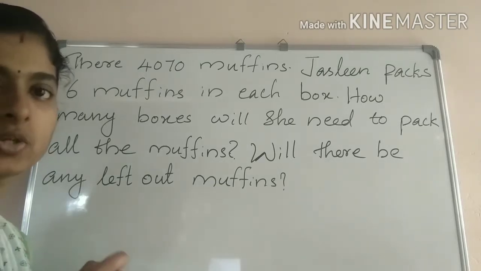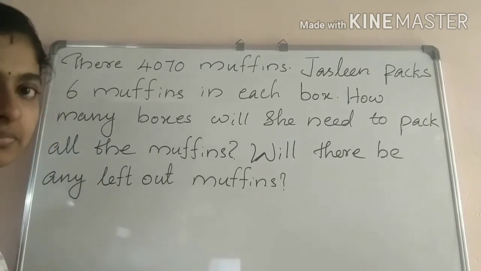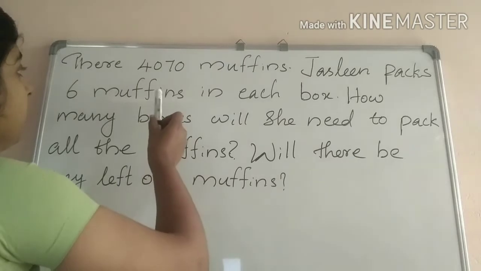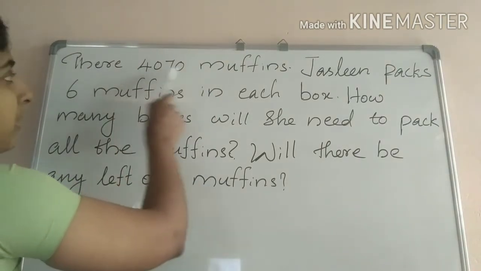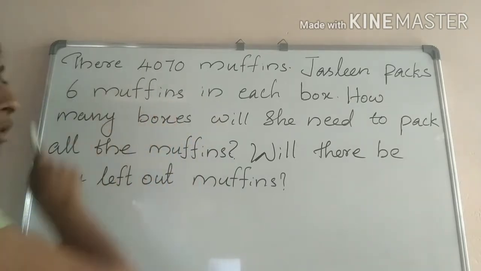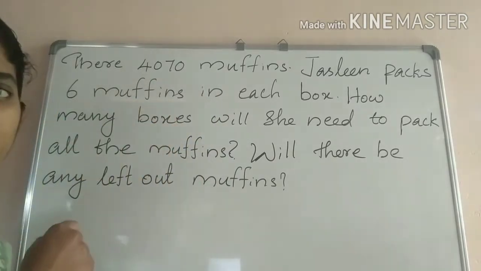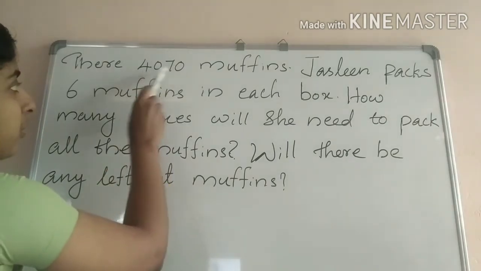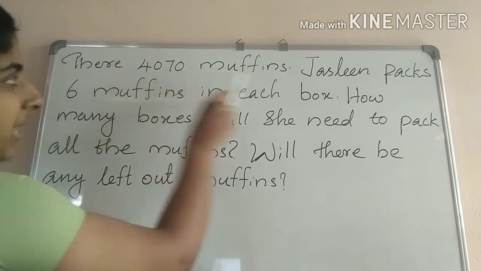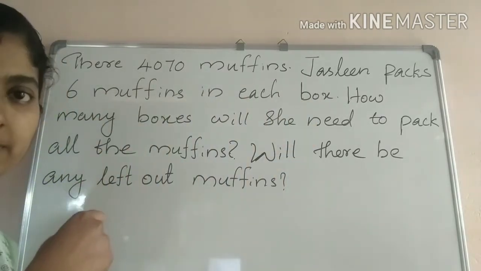Okay. Next, how to write the steps? Total number of muffins is given. Total number of muffins is equal to 4070. Then the number of muffins in one box is given.